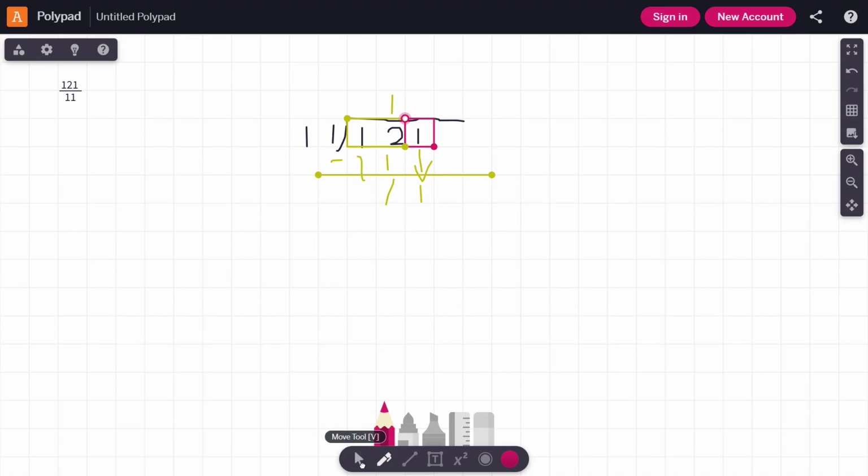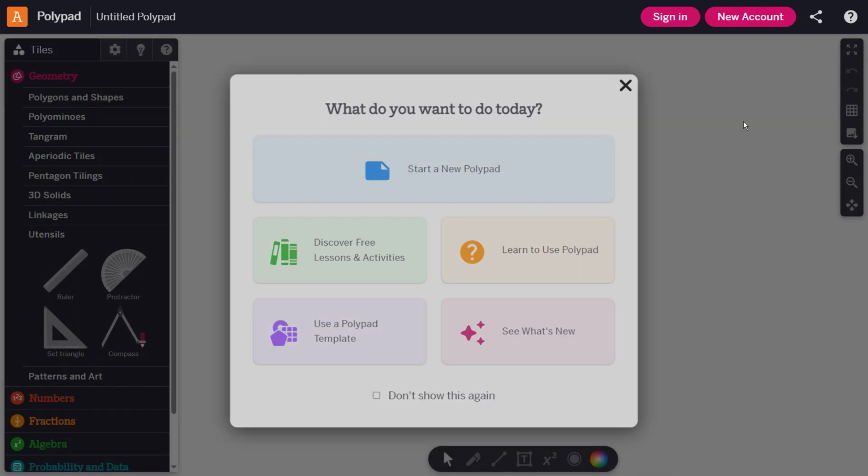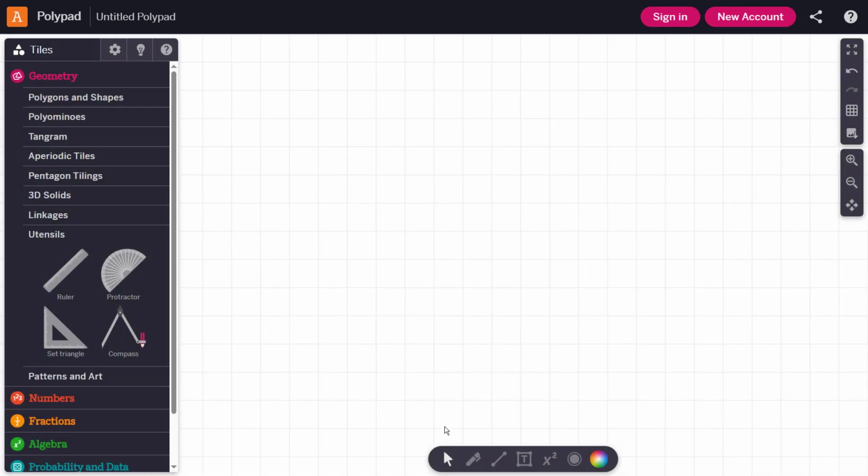Yeah, it's not responding for some reason. I'm just gonna refresh it a bit.